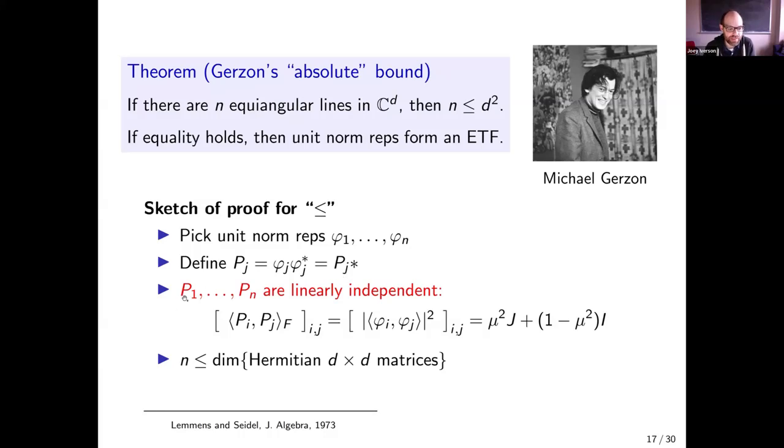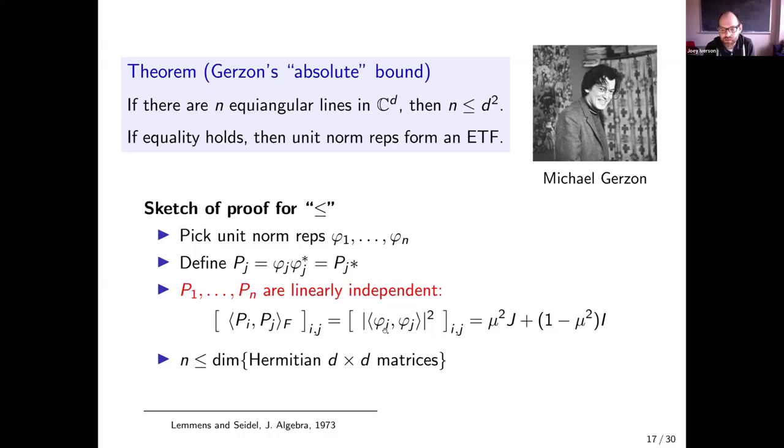And then the point is that these P's are linearly independent matrices. You can tell that if you check out the Frobenius inner product between a P_i and a P_j. Because these are outer products, if you cycle a trace, pretty quickly you'll find the Frobenius inner product between the outer products is the entry-wise absolute value squared of these guys.